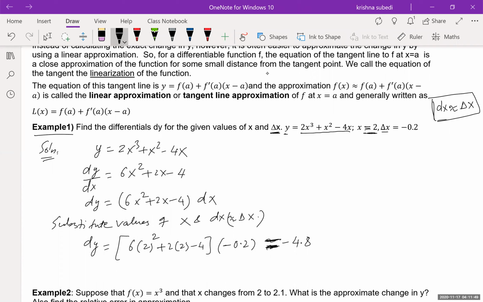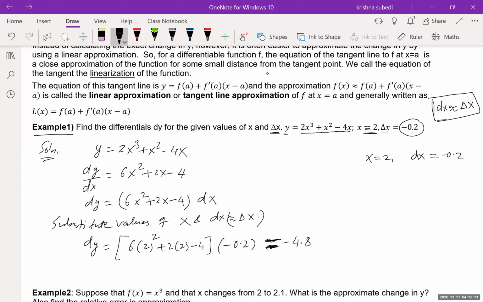What is the meaning of this? What it means is when x is 2 and the new x is, let's say, x1, there is a change in x by negative 0.2. So the change in x, which is dx, is negative 0.2.